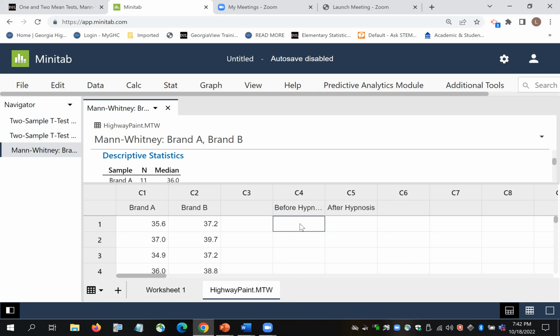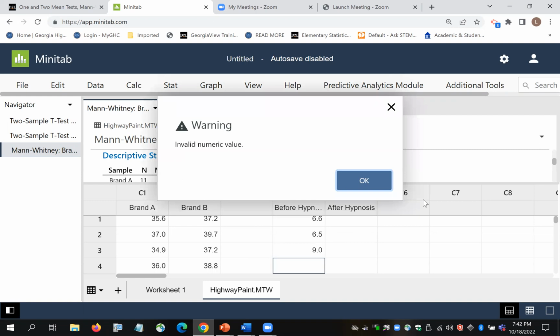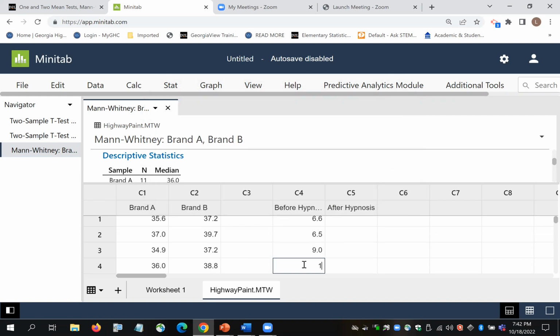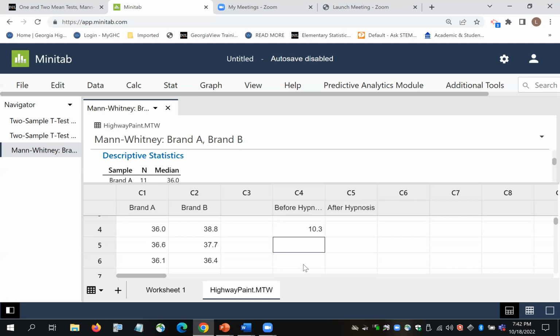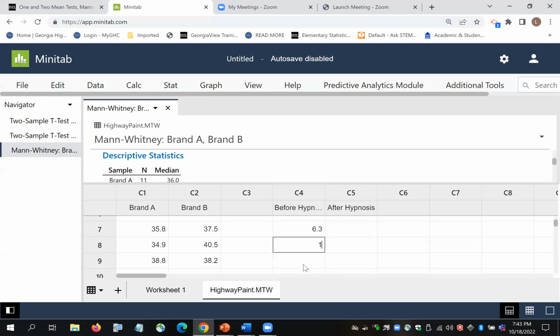Okay, so let me see if I can find the numbers here on my paper so I can type them in. So before hypnosis, we had 11.3, 8.1, 6.3, 11.6.